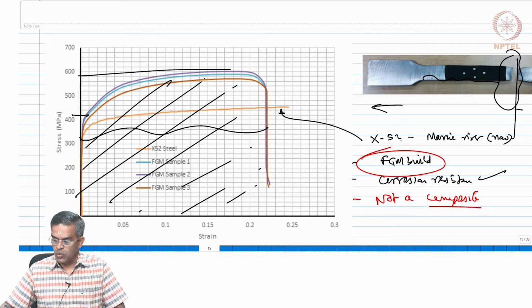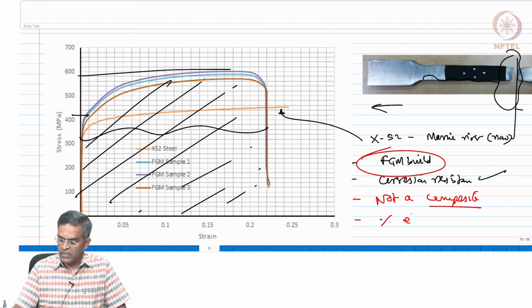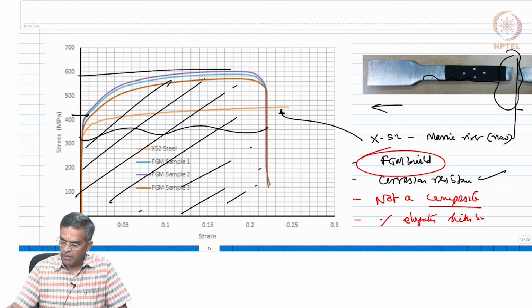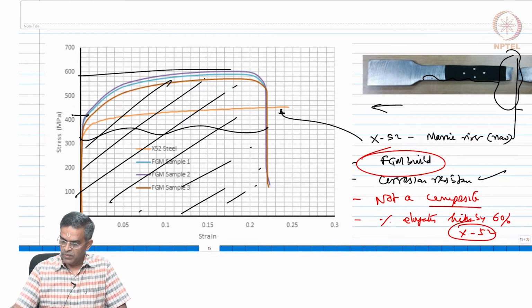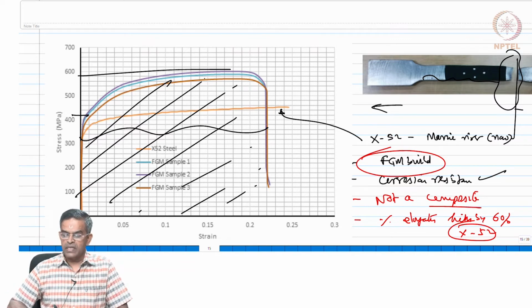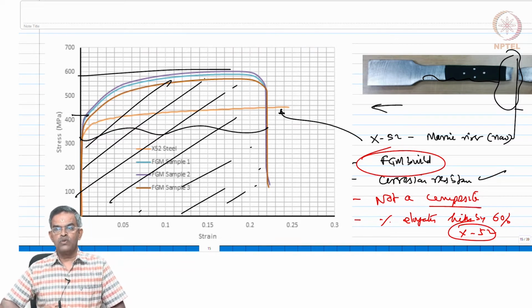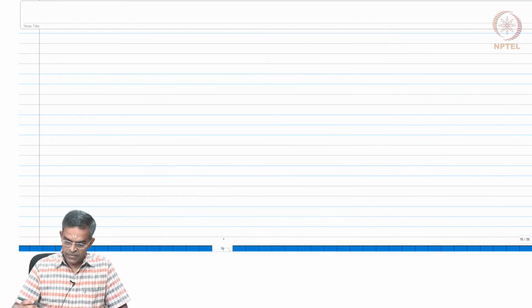It also showed a percentage elongation higher by about 6% compared to X52. So, interestingly friends, one will be very curious to know the test results of X52 and FGM.